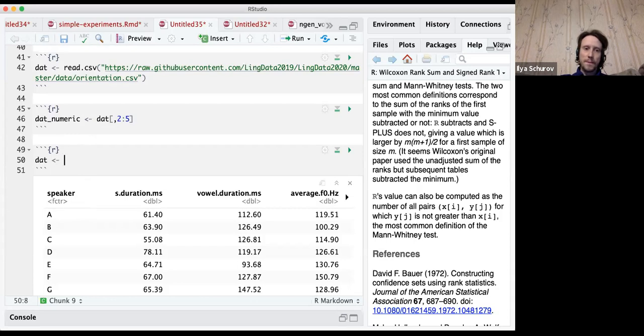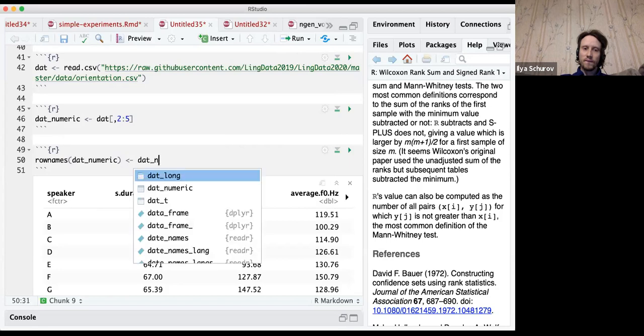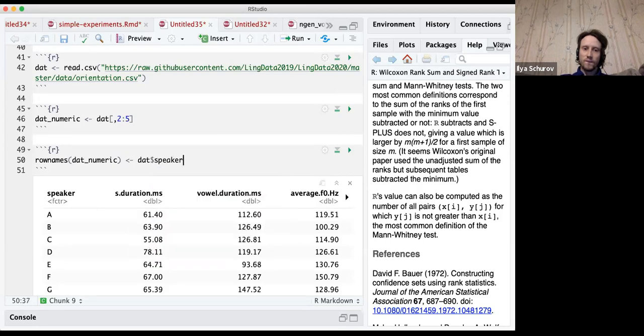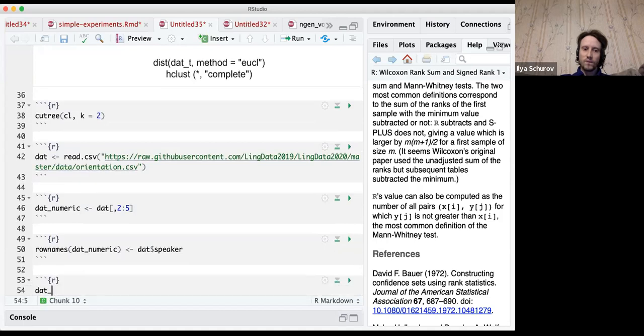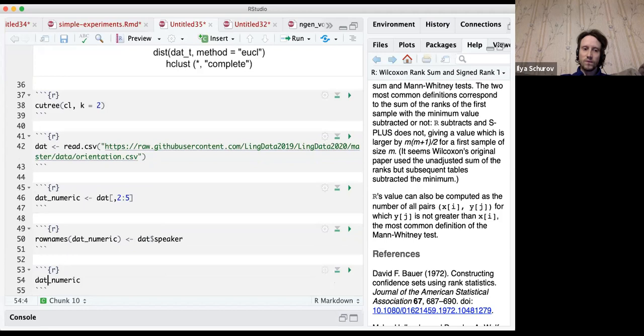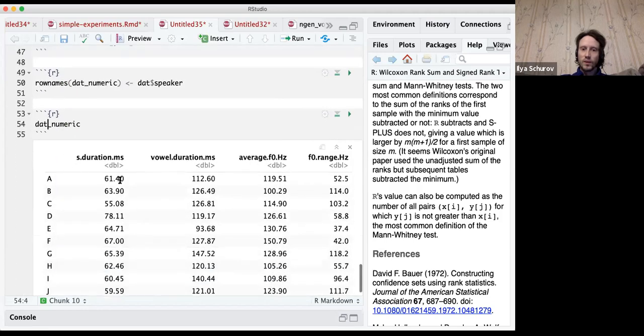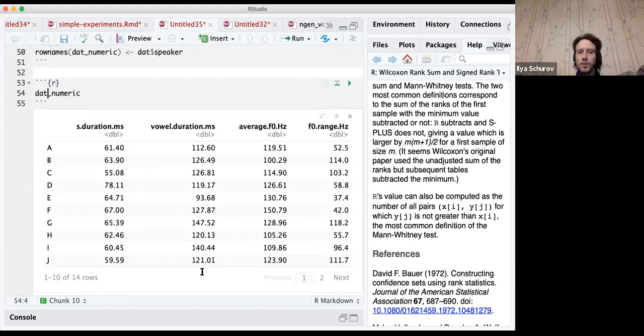And then we can apply some, for example, K-means algorithm or hierarchical clustering to this data set.